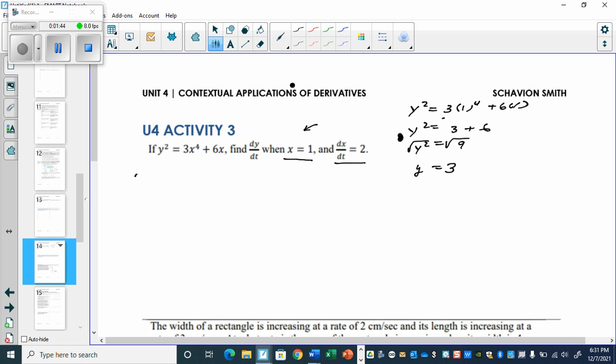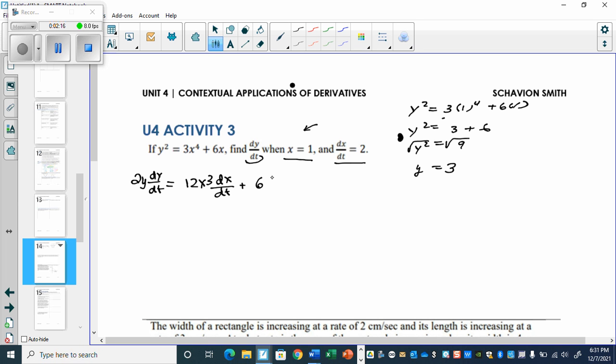So I have 2y dy, and remember, this is with respect to t. I have 12x to the third dx/dt, because we were doing this with respect to time, and you know that because they asked me explicitly to find this in terms of that. We're used to not doing that, but now that's where we're at.